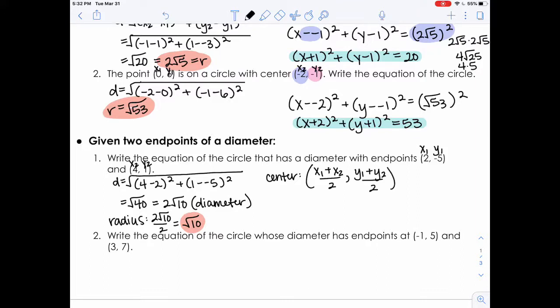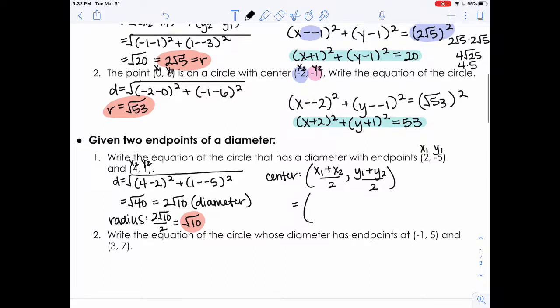So in this case, our center point is going to be wherever 2 plus 4 divided by 2 is, and then -5 plus 1 divided by 2. So in this case, we get 6 divided by 2, which is 3, and then -4 divided by 2, which is -2. So my center point is here at 3, -2.